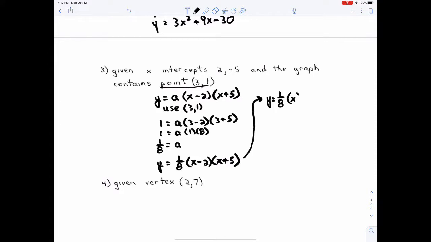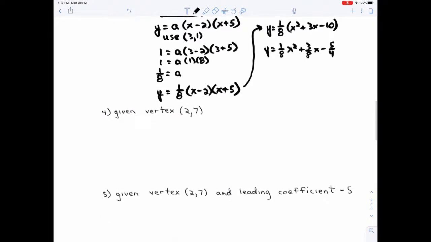We have x squared plus 3x minus 10, which is then 1/8 x squared plus 3/8 x minus 5/4. Okay? That's the only parabola that has those x-intercepts and contains the point (3, 1).